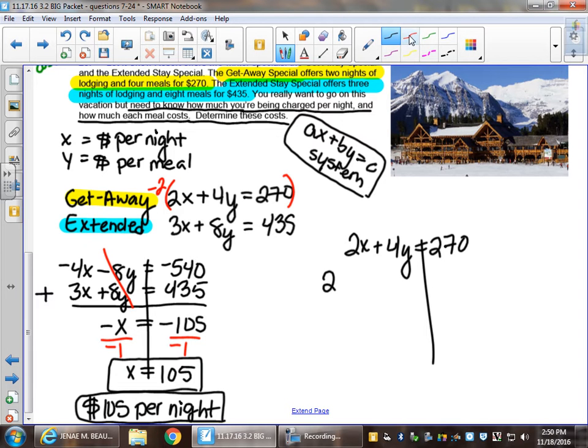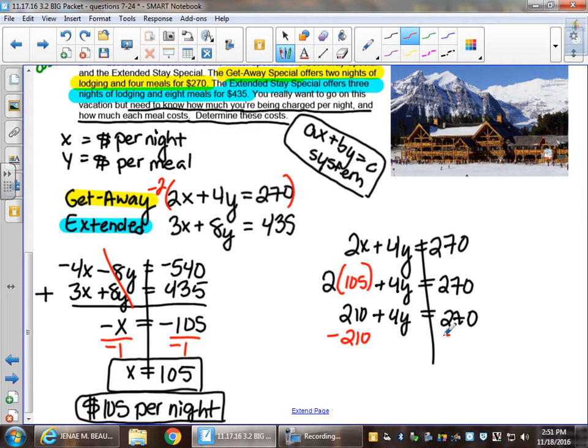So this will be 2 times 105, substituting in for x, plus 4y equals 270. 2 times 105 is 210, plus 4y equals 270. And now we're just using our algebra skills to solve. Subtract 210 from both sides. 4y equals 270 minus 210 is 60.